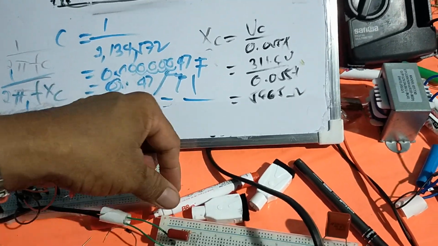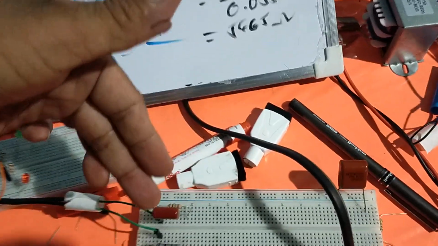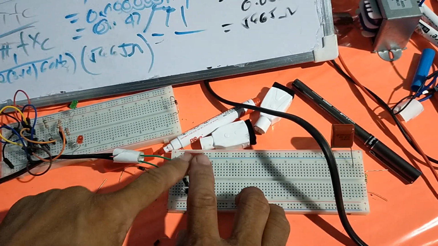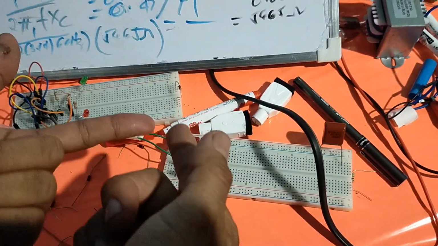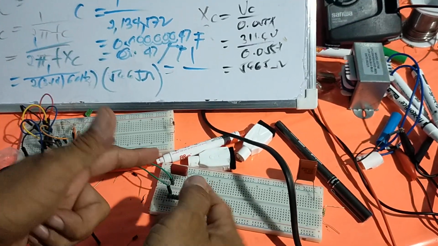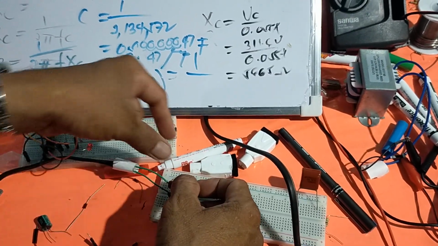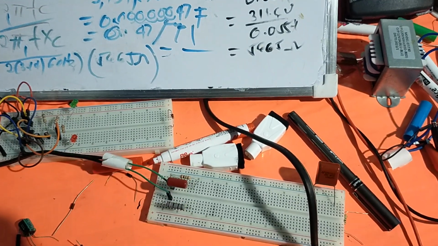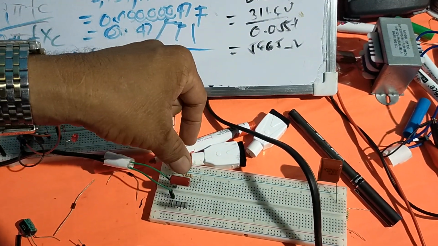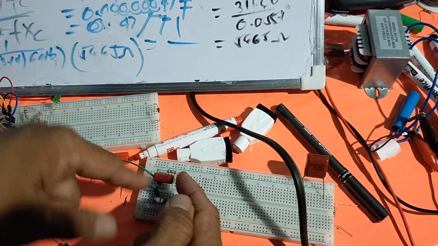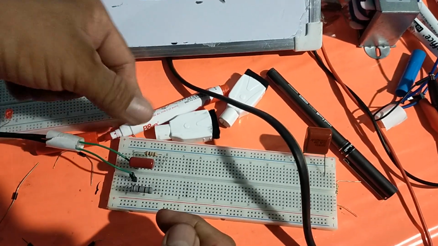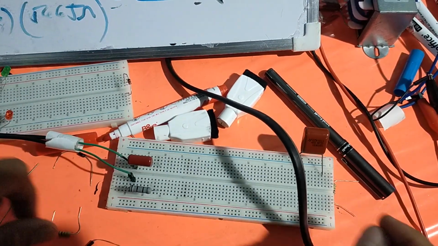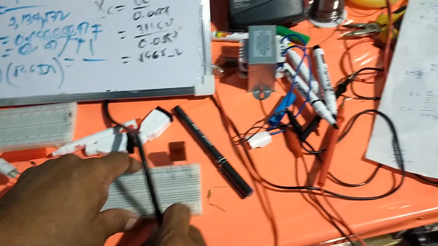So what is the purpose of this 1 megaohm resistor which is across this capacitor? Actually, this capacitor, the 0.47 microfarad, will store voltage. Then the stored voltage of this capacitor will be discharged by this resistor. Without this resistor, it goes like this, class.